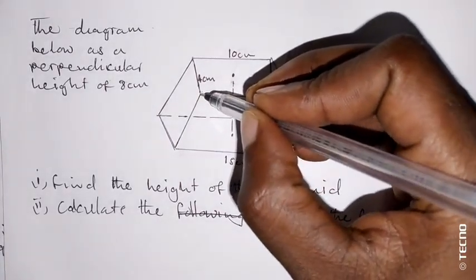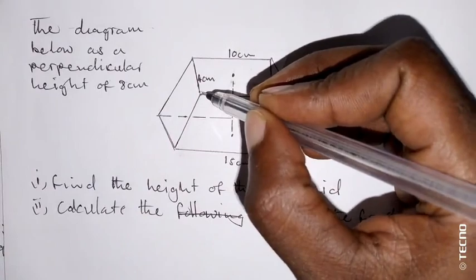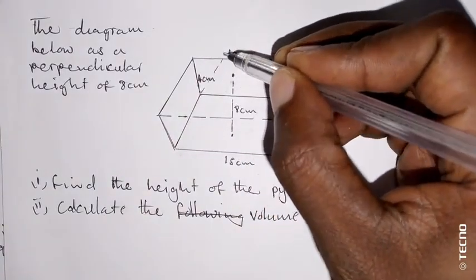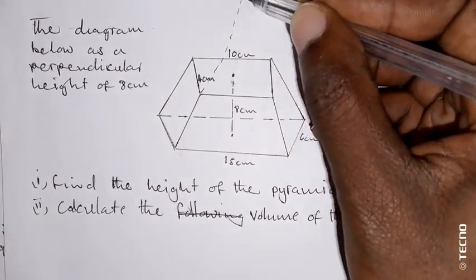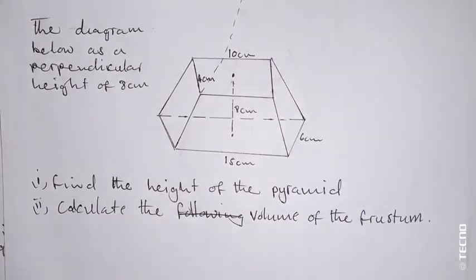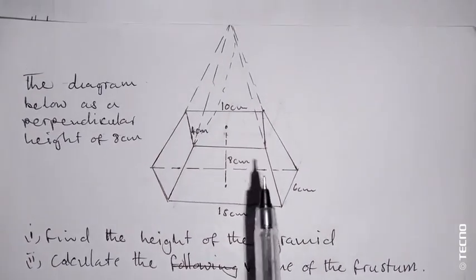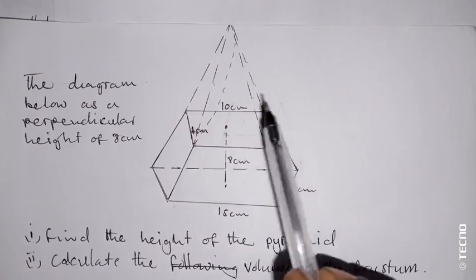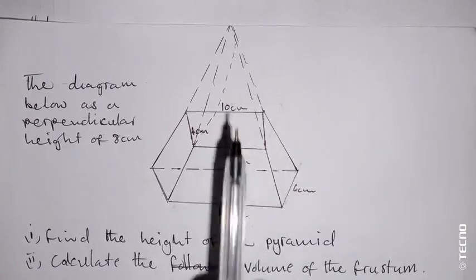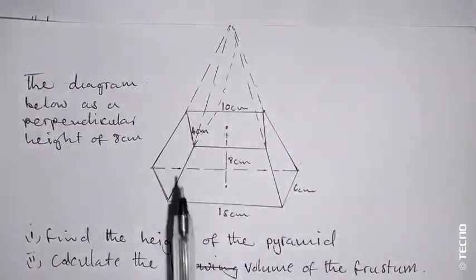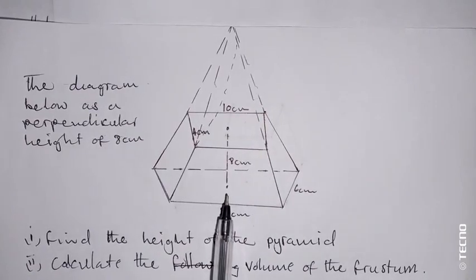Extending this part means you draw something like this. Now we are going to extend these 4 lines, something like this. So this is our pyramid, the rectangular pyramid.